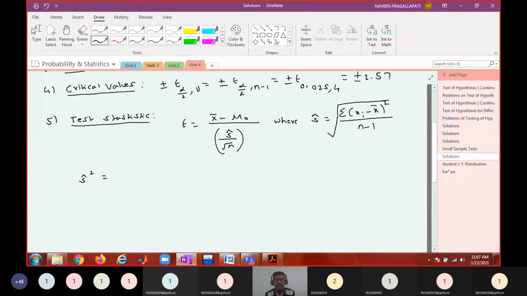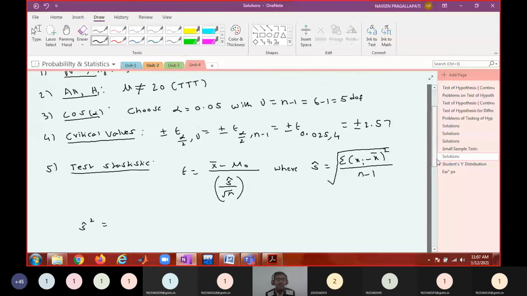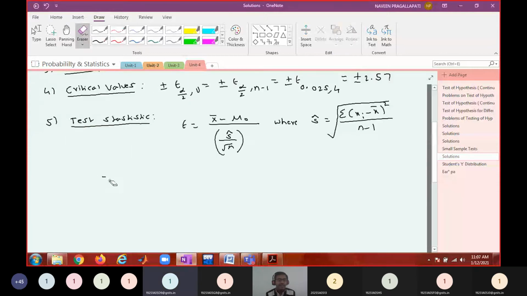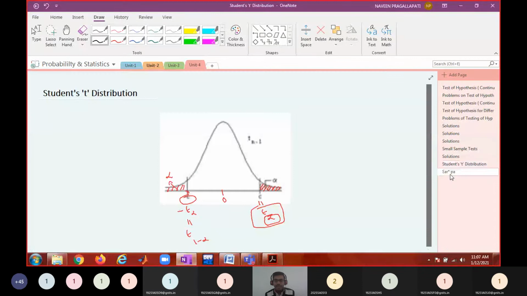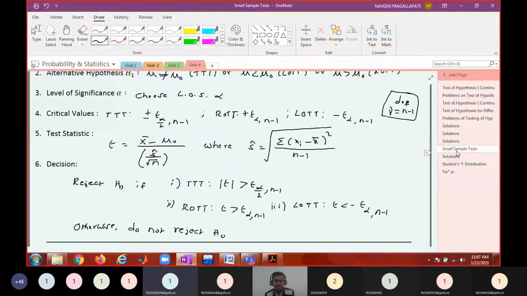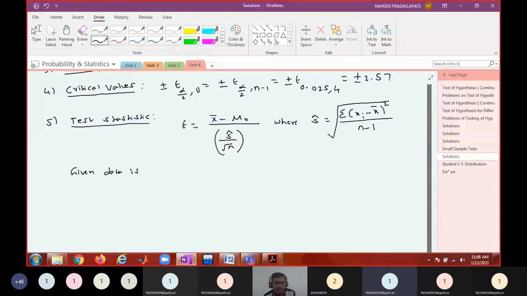So first you have to find out the mean, no? What is the given data? Let me write down the data first. Can you please tell me the data values?